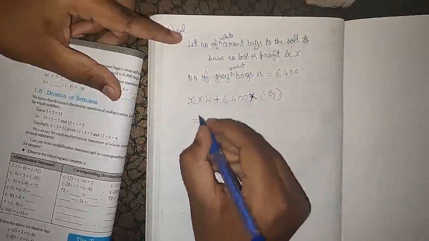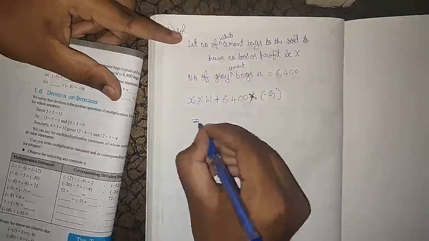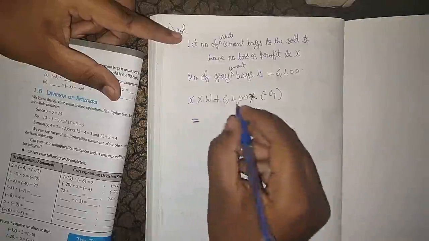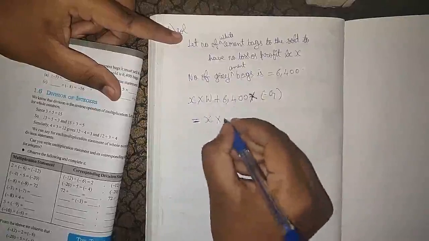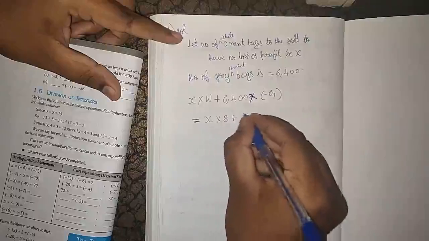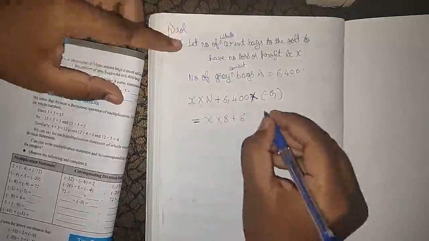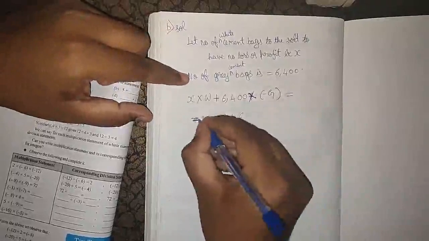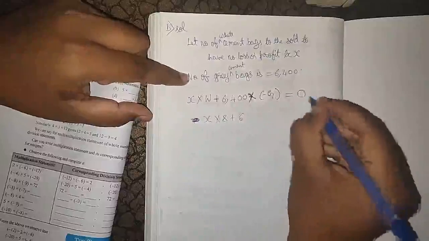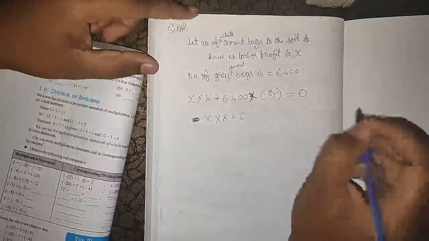So it will be equal to, x is unknown, W I know, that is 8, plus 6400 into minus 5. This should be equal to 0, that is no profit no loss.